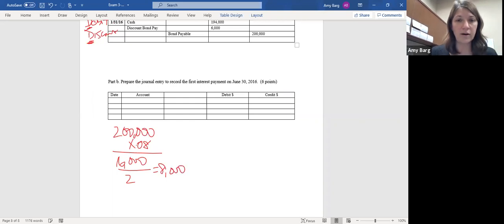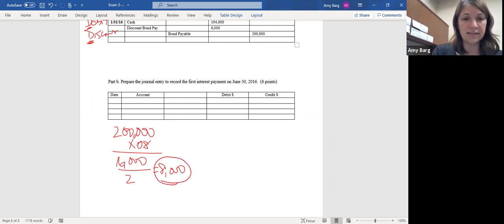The cash paid is always going to be this $8,000. It isn't ever going to change, but we do have that discount in there. In your examples here, we have to amortize the discount, straight line. We know that the discount was this 6,000.